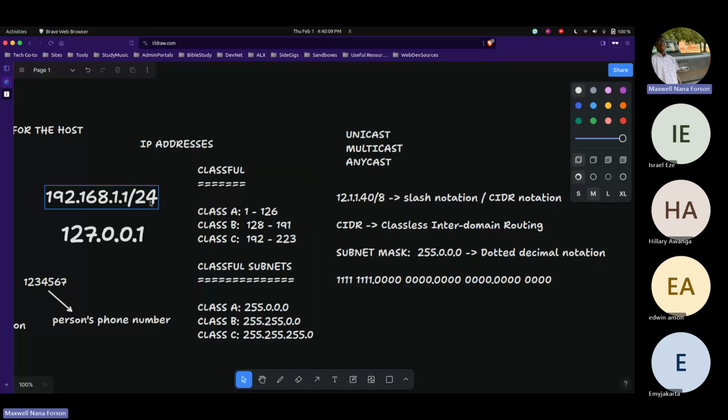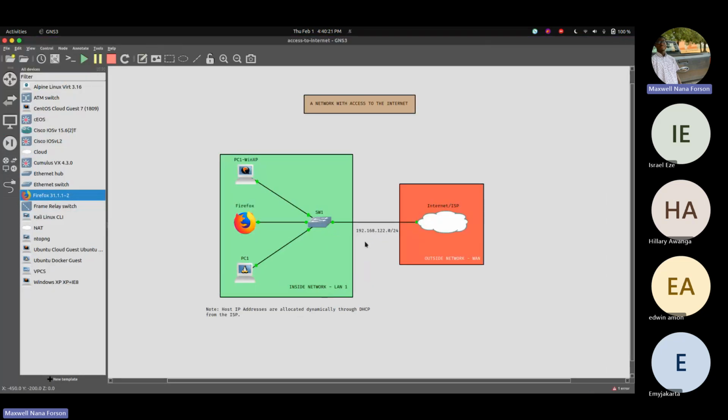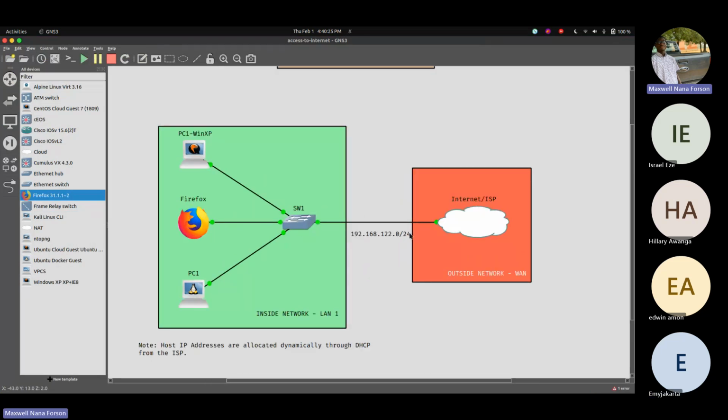So if you convert that into decimal, then you get a dotted decimal notation, right? So you can either see it this way, or you can see it in this other way. But for example, in this network that I have here, I have essentially just written it in the slash notation because it's easier to write and cleaner.